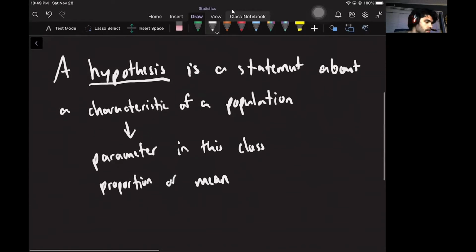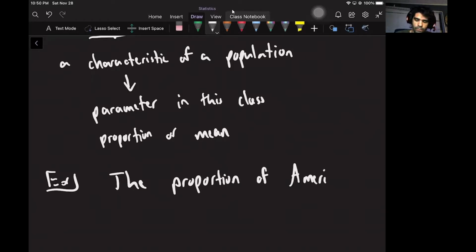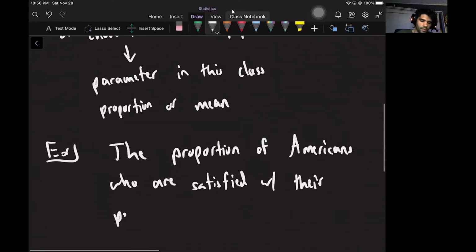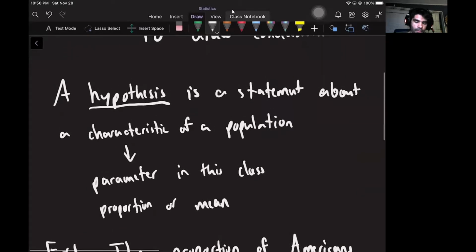And so let's see some examples. So for example, a statement like this: the proportion of Americans who are satisfied with their personal lives is 80%. So this is a statement because the idea of a statement is it's just something that's true or false.